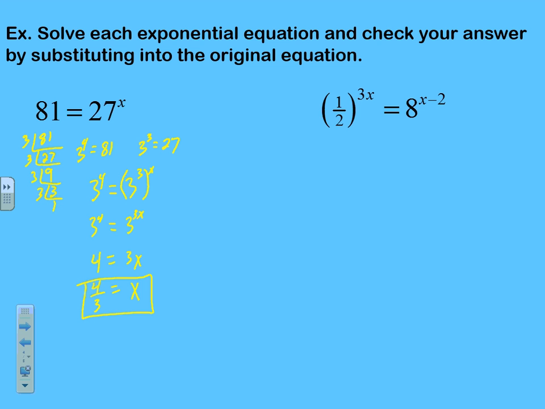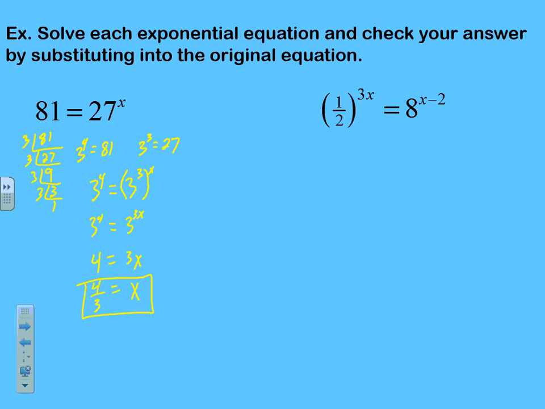So the last example here is 1/2 to the 3x power is equal to 8 to the x minus 2 power. Now this one we could actually kind of do one of two ways, because in the parentheses, the 1 is being raised to the 3x power, and so is the 2. The 2 in the denominator is also being raised to the 3x power.